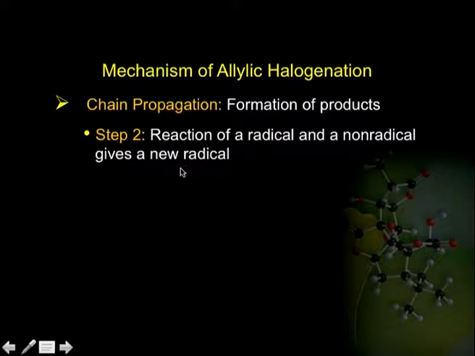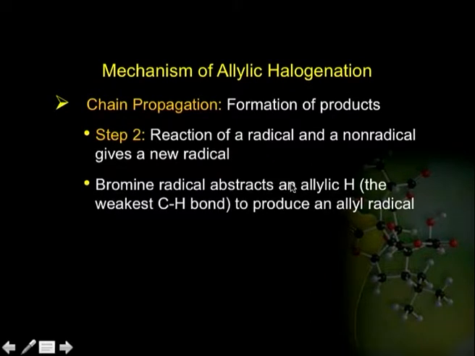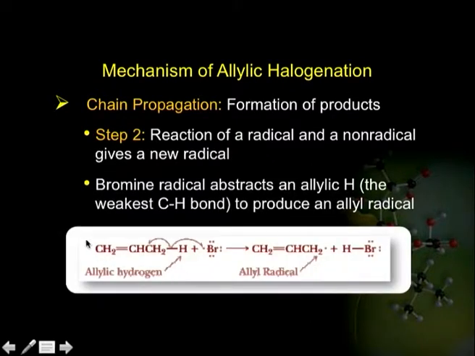So, in the second step of this reaction, a radical and a non-radical react to give rise to a new radical. Bromine radical abstracts an allylic hydrogen, which is the weakest C-H bond also. So, it can easily be removed to produce an allyl radical.